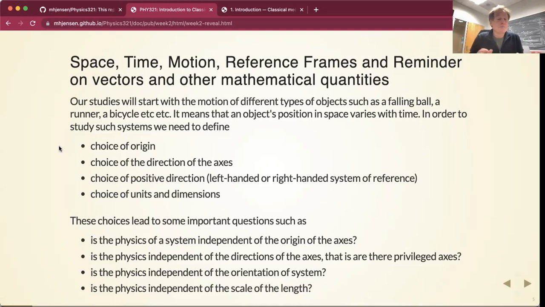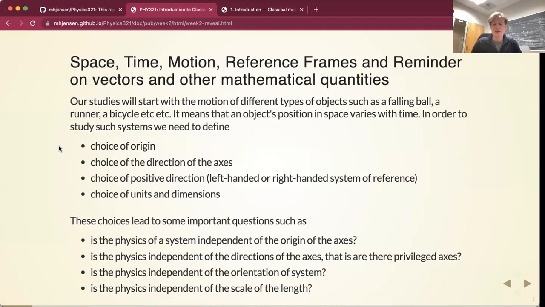So if you look at that last statement, within the validity of Newtonian mechanics, the physics would be independent of the scale or the length of the system. However, if you're looking at very small length scales, it may happen that Newtonian mechanics is not what you should use.